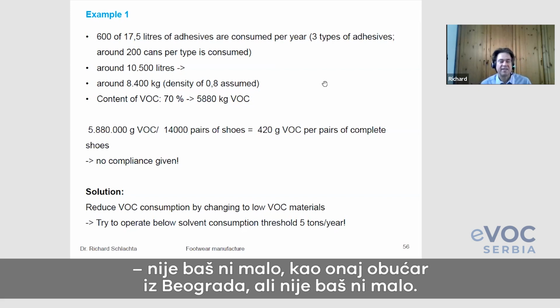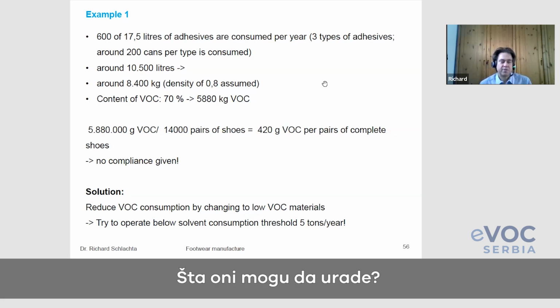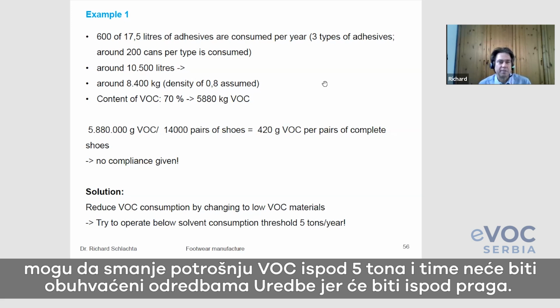I must admit that is an installation that is, I would say, not a big installation. It is not very small, but like the shoemaker in Belgrade I have in mind, it is an installation that is not so big too. What they can do, the solution is, if they reduce a little bit and change to water-based materials, they can reduce the VOC consumption, and if they are below 5 tons per year, the VOC decree for them is not relevant, because they are below the threshold.